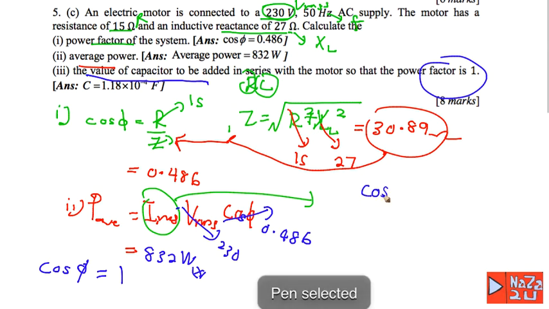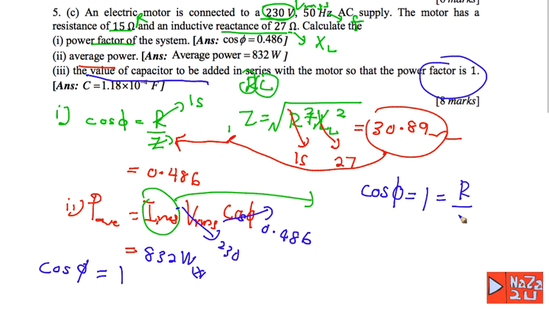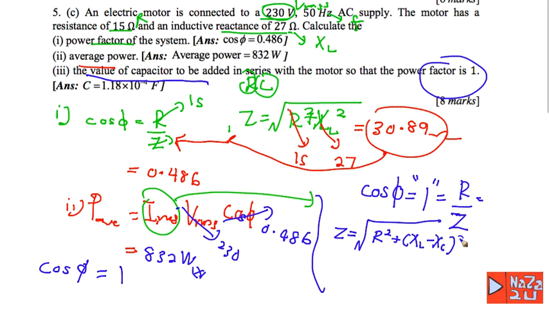Power factor cosine is equal to R over Z, so R over Z must be equal to 1, meaning R must be equal to Z. From the equation, impedance Z is equal to the square root of R squared plus XL minus XC squared. So for the power factor to be 1, XL minus XC is equal to 0, meaning Z is equal to R. So power factor equal to 1 happens when XC is equal to XL.